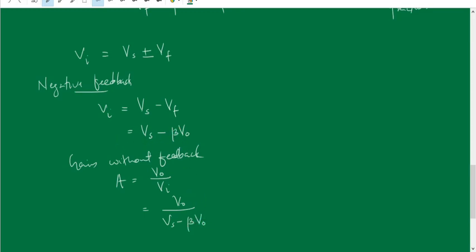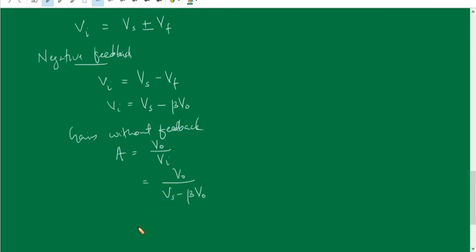Rearranging, you get A times Vs minus beta Vo is equal to Vo.